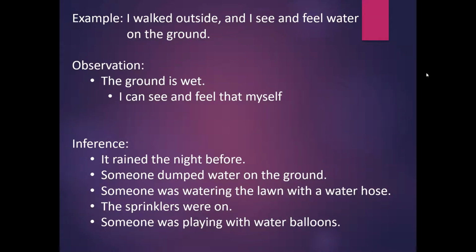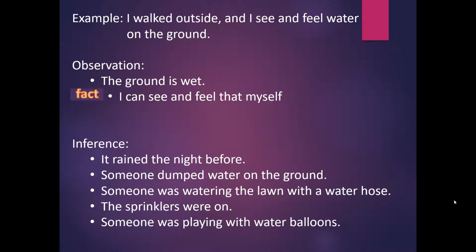These are all things I cannot prove. If you and your sibling were to walk outside and see and feel water on the ground, you could go back and forth about who has the best guess, but since neither of you witnessed how that puddle got there, these are all inferences.